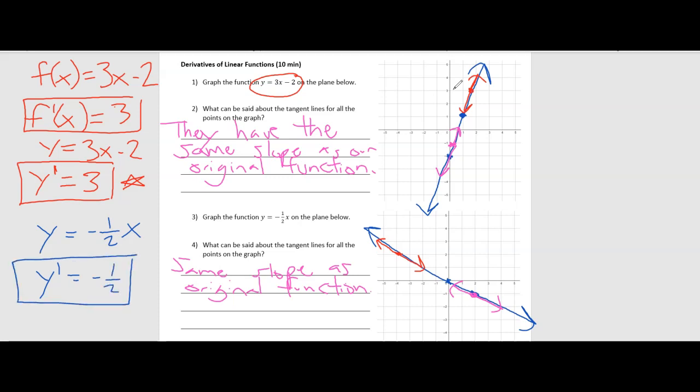And you'll notice in these two examples, our derivative wasn't equal to 0, but it was just a number. It was just a constant term. And that's because the slopes of these functions are never changing. It doesn't matter what x is. So we're not going to have an x in our derivative function.